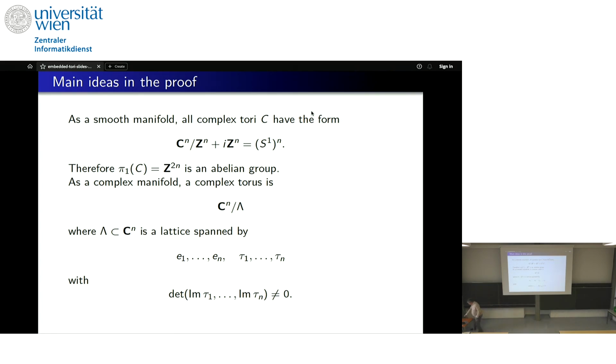If you had just a classical torus, you have e_1 and that vector tau_1, and this is the way you construct the torus. We do that for a general one.